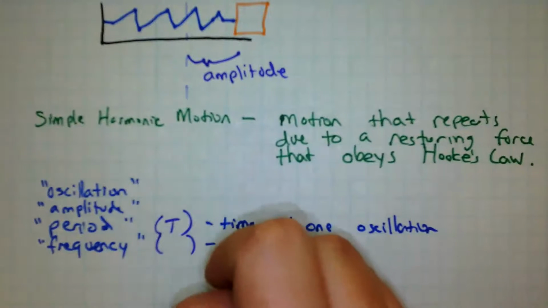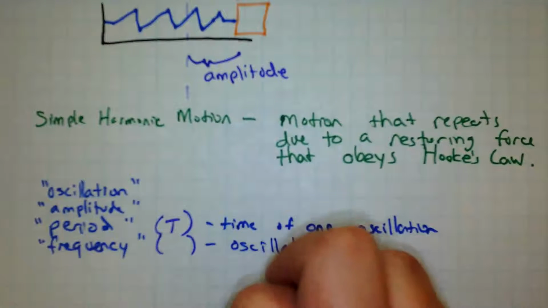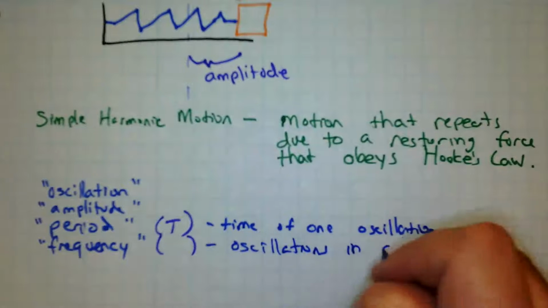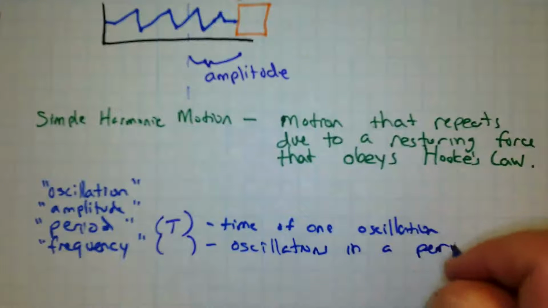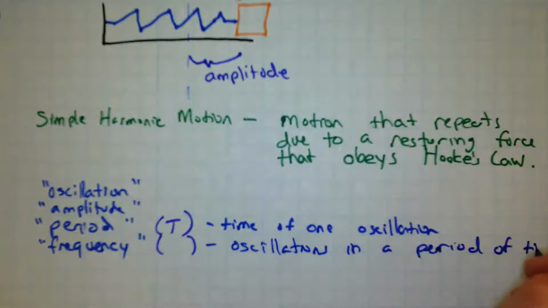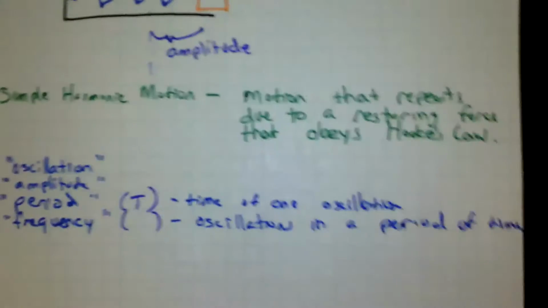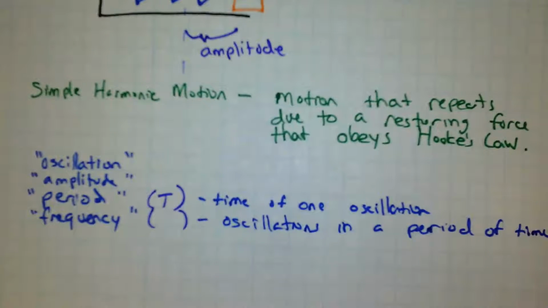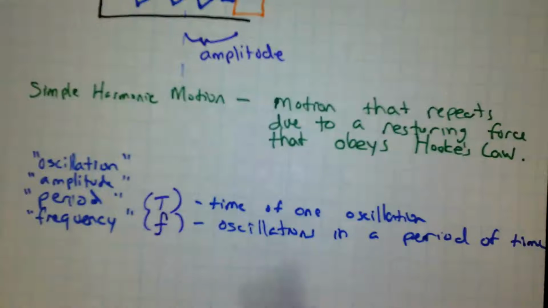Frequency is going to be the oscillations in a period of time. So they're kind of like opposites of each other. And we're going to use the symbol for frequency, lowercase f. Be careful, it has to be lowercase f because capital F is force. So capital F is force, lowercase f is frequency.